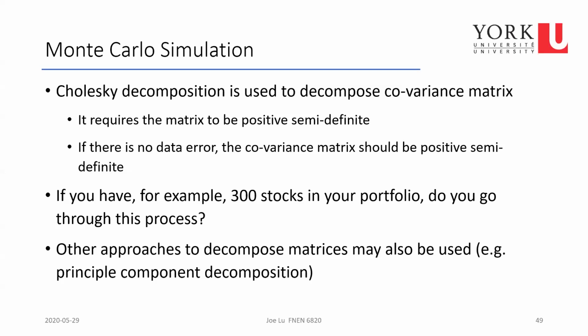So although the actual covariance matrix may be positive semi-definite, when you calculate the correlations and covariances, because of the imprecisions, the matrix you end up with may not necessarily be positive semi-definite, and that will create an issue for Cholesky decomposition.